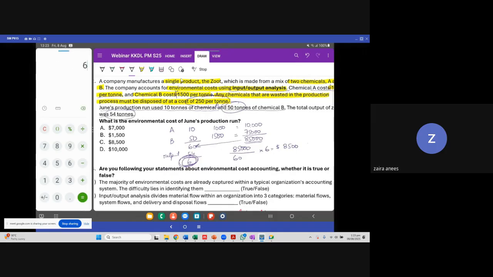So 6 multiplied by 250 gives 1,500, and added to 8,500, 10,000 is the answer. Option D. Right?